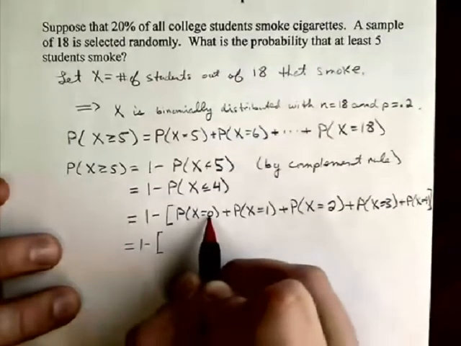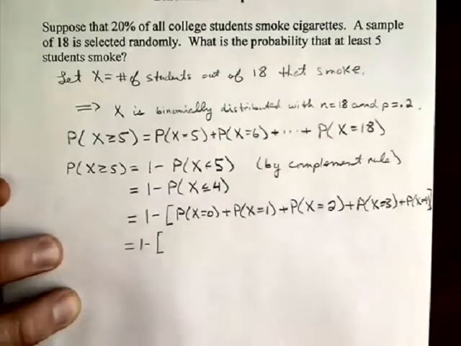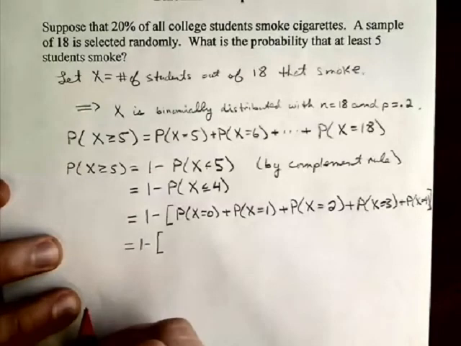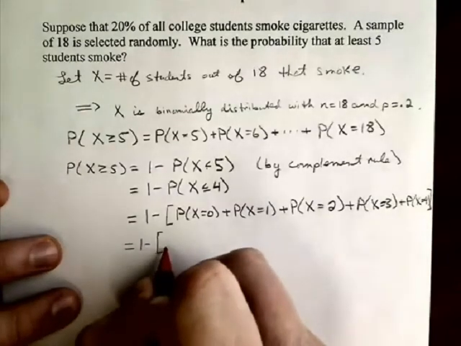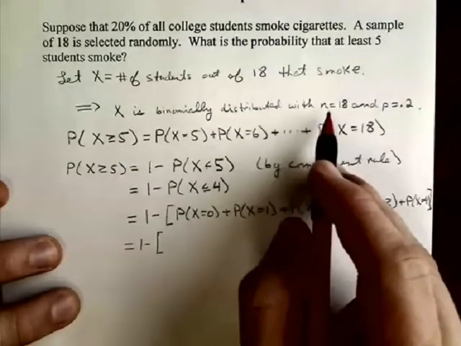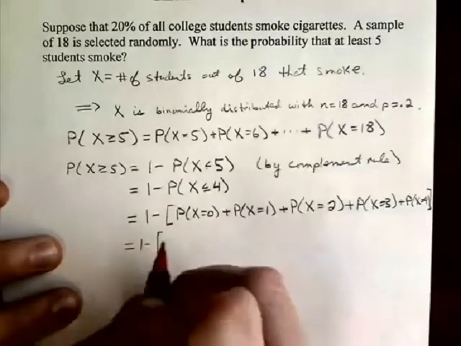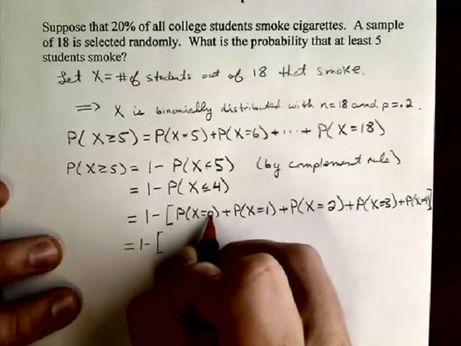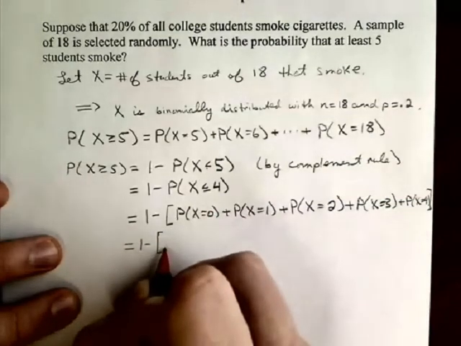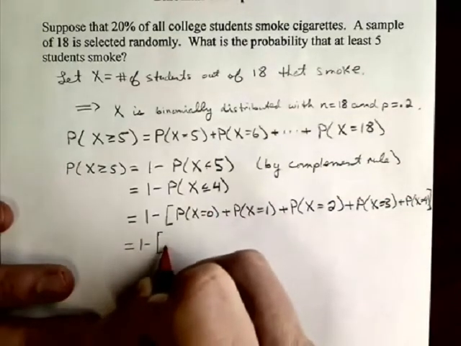I've got to evaluate this probability mass function, a probability distribution function, rather, where n is 18 and p is 0.2. I'm going to evaluate it at 0 first.